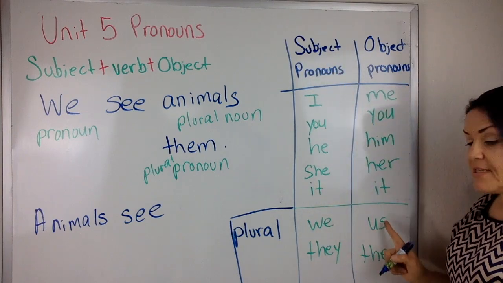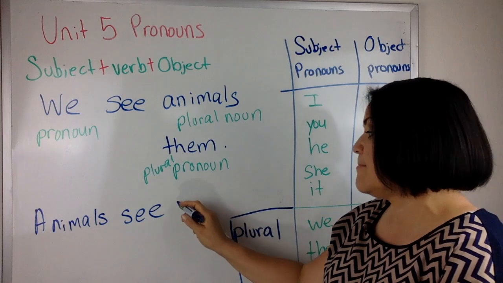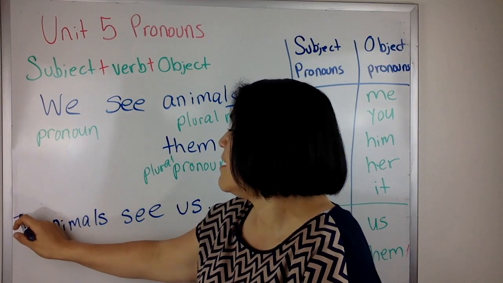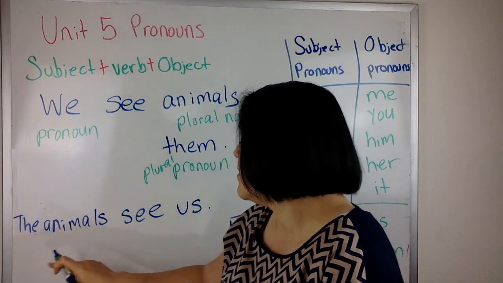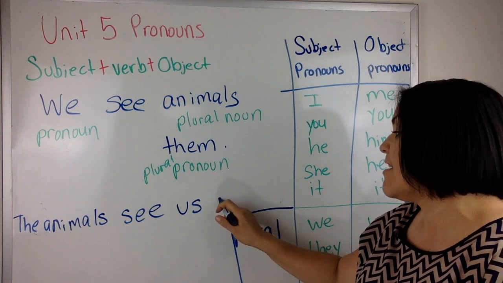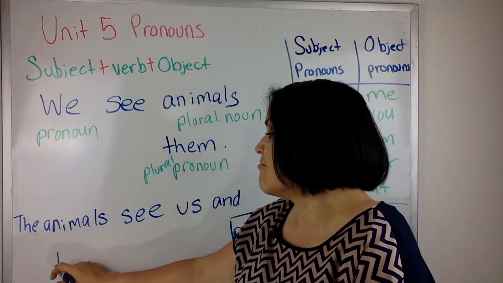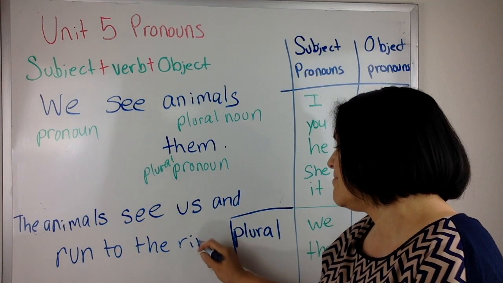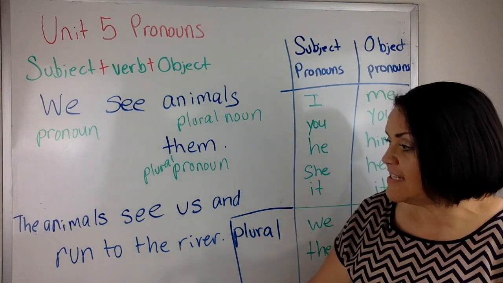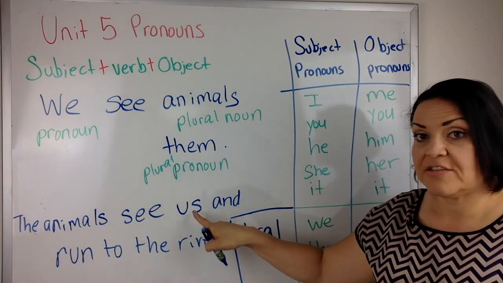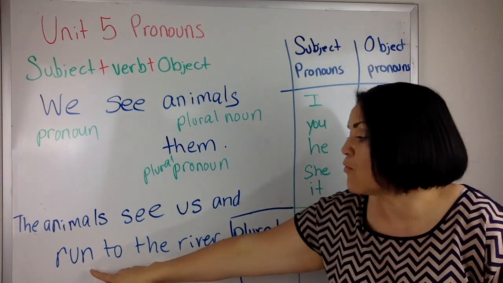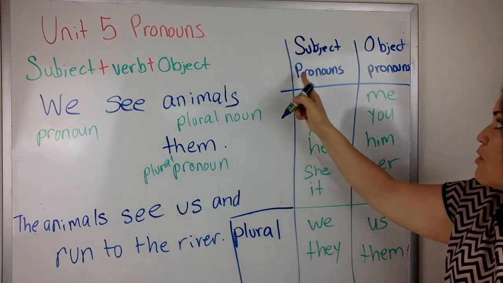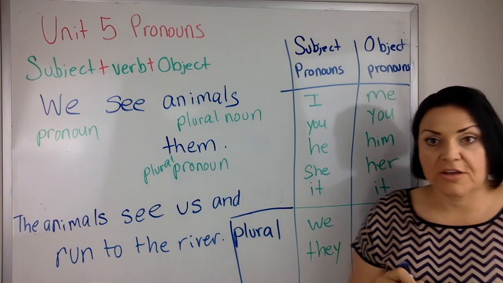I have to use the object. They see us. Actually it would say the animals see us and run to the river. To make a longer sentence, the animals see us, so this is the object pronoun, and run to the river. So this is how subject pronoun and object pronoun work in a sentence.